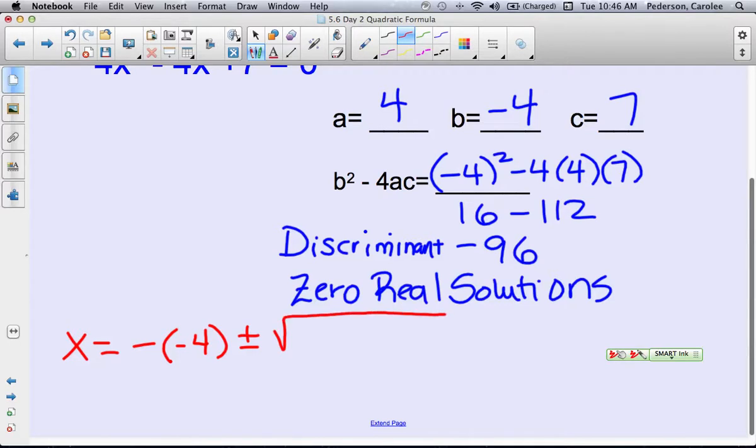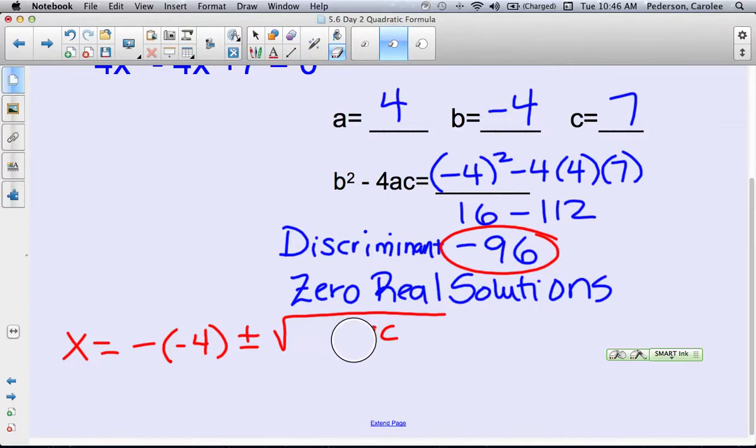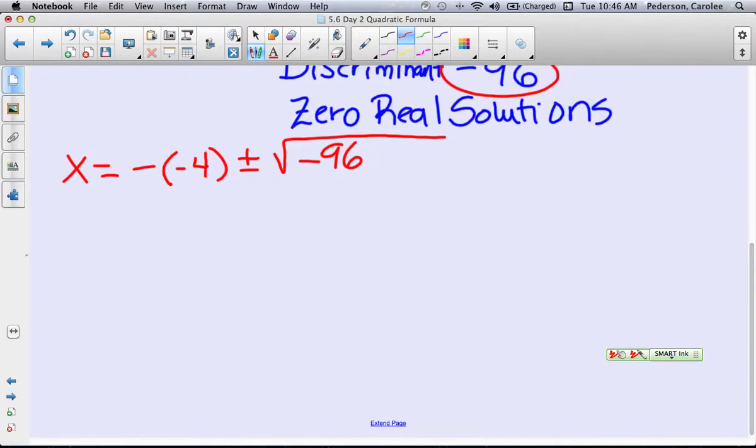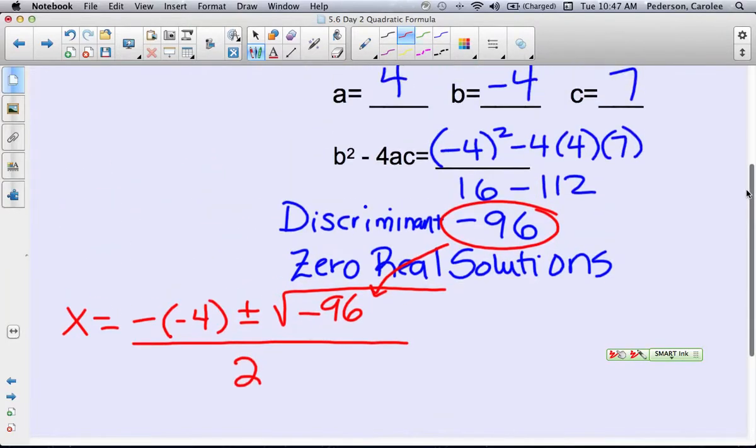And now remember that b squared minus 4ac, we just found up here as negative 96. So I can just replace that right now as negative 96. We've done the work for it. And then all over 2a, and our a value was 4.